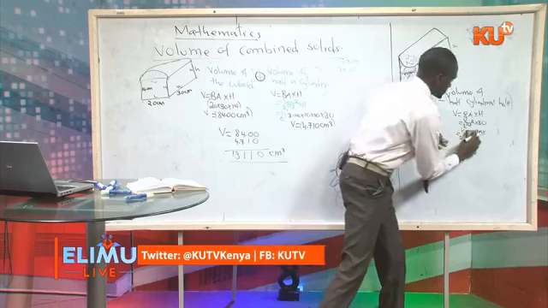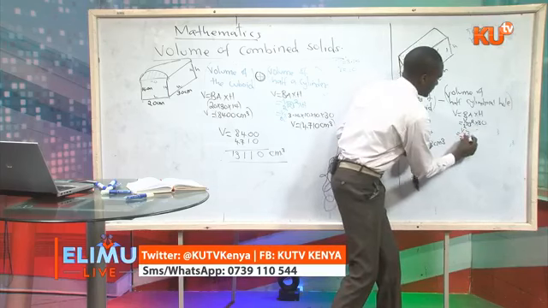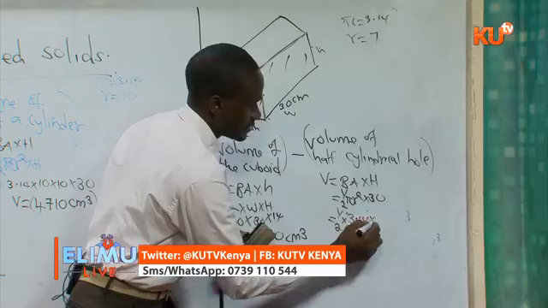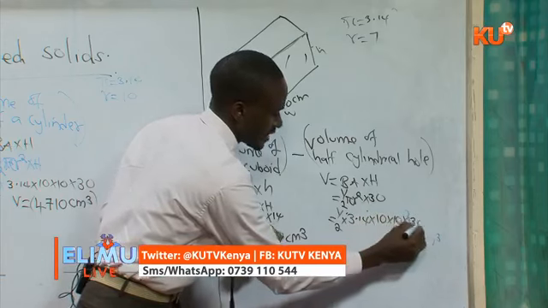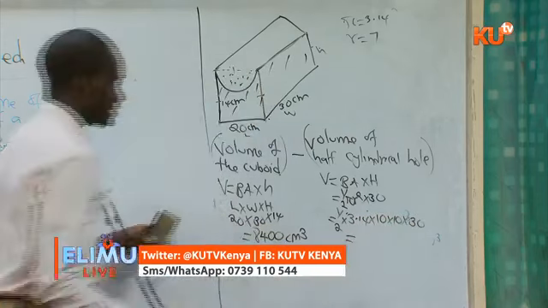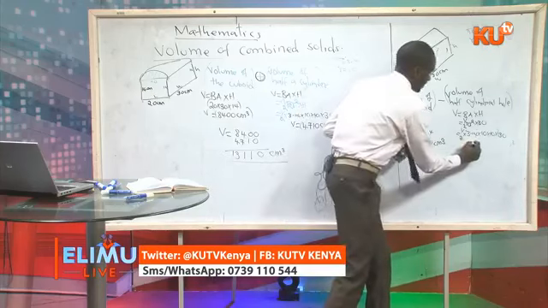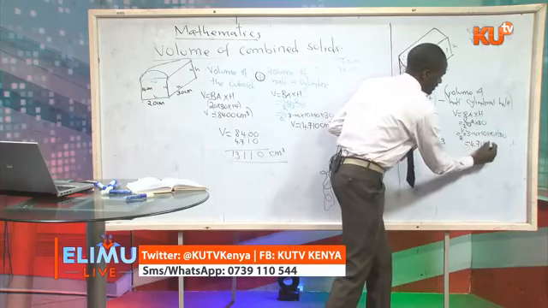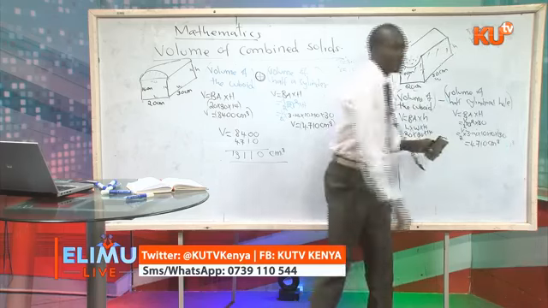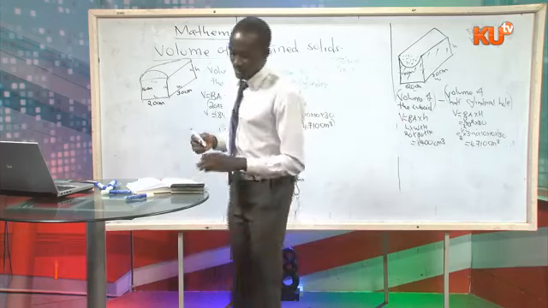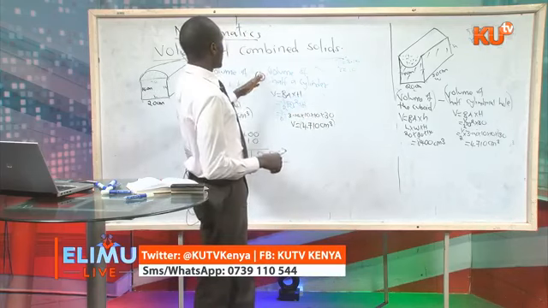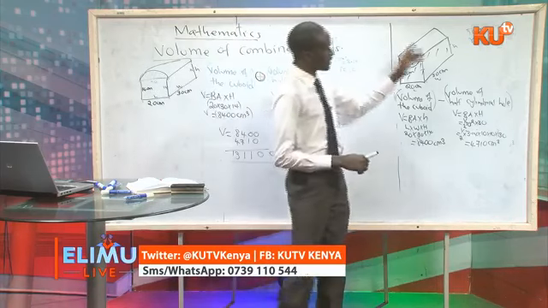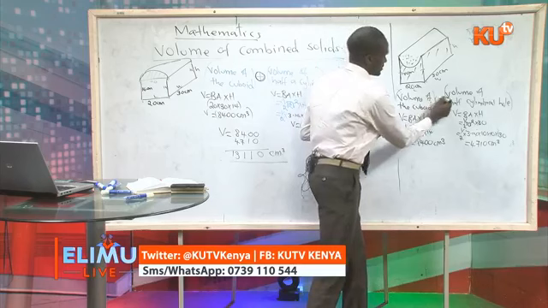Okay, let's say 3.14 times 10 times 10 times 30. That gives us the same figure, 4,710 cubic centimeter. Now, as a learner, you have to be accurate and fast. Here we added, what about this one? We take away.